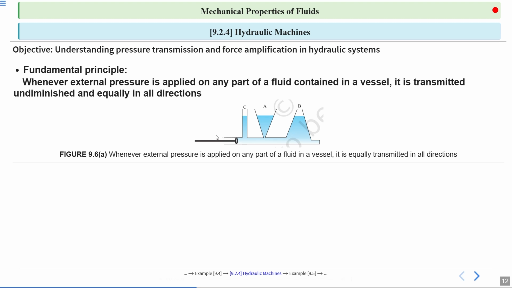This uniform transmission is what allows hydraulic systems to amplify force effectively. As we look at figure 9.6a, consider how this principle is applied in real world systems like car brakes and hydraulic lifts.